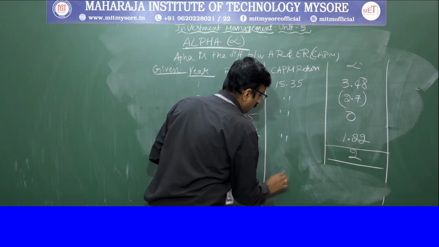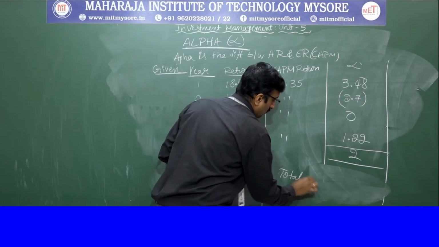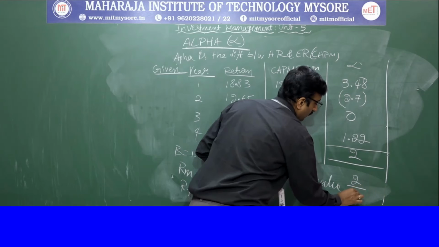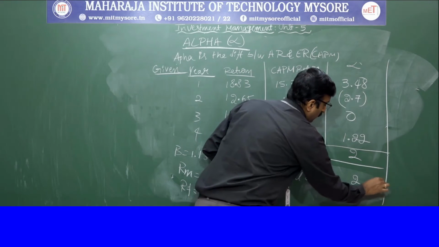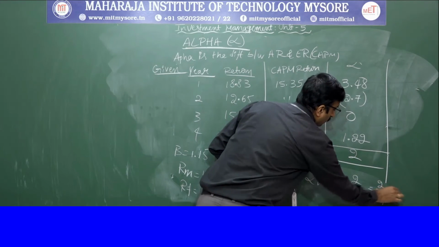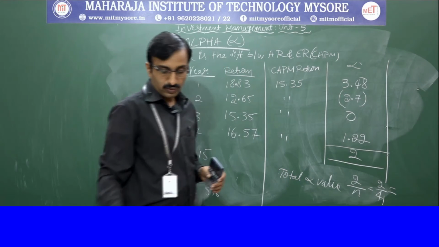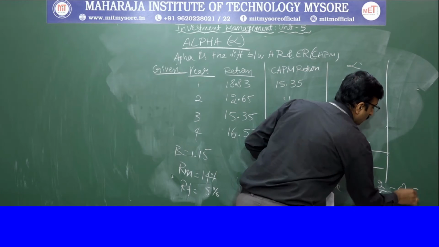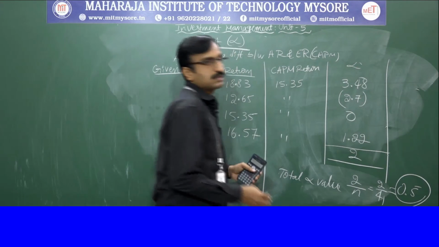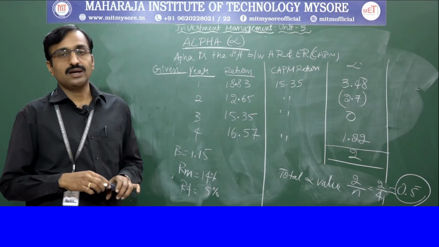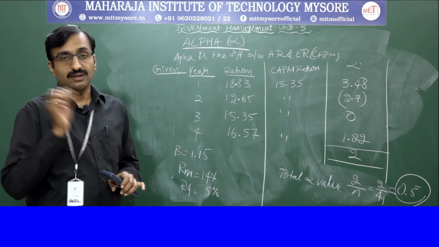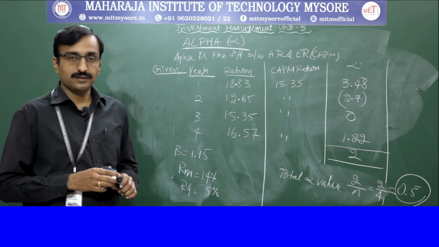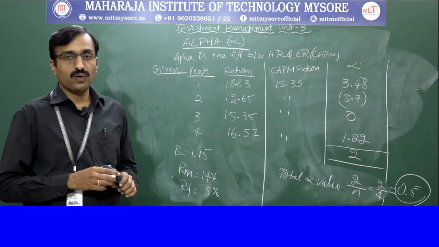Total alpha value, that is 2 divided by n, n is equal to 4. So, 2 divided by 4, you will get 0.5. 0.5 is the alpha value that shows the indication of the difference between actual return and the expected return. Got it? It's a simple problem.